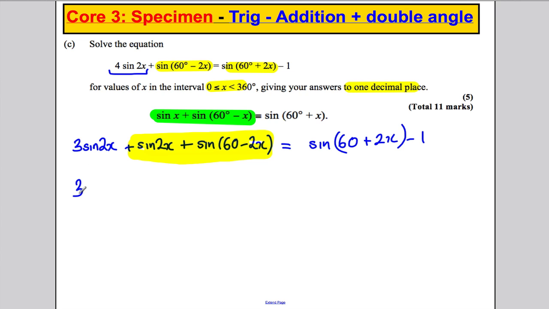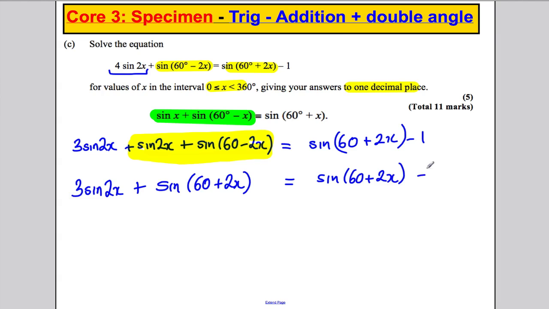And we could say that is 3 sine 2x plus sine of 60 plus 2x, and that would equal sine of 60 plus 2x, subtract 1. Now this makes life a whole lot easier because you could subtract sine 60 plus 2x off both sides, and you could divide both sides by 3, and you are solving the simplest of equations.